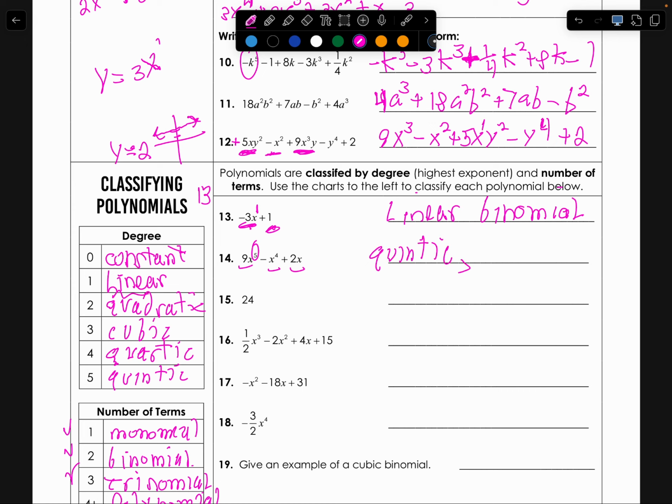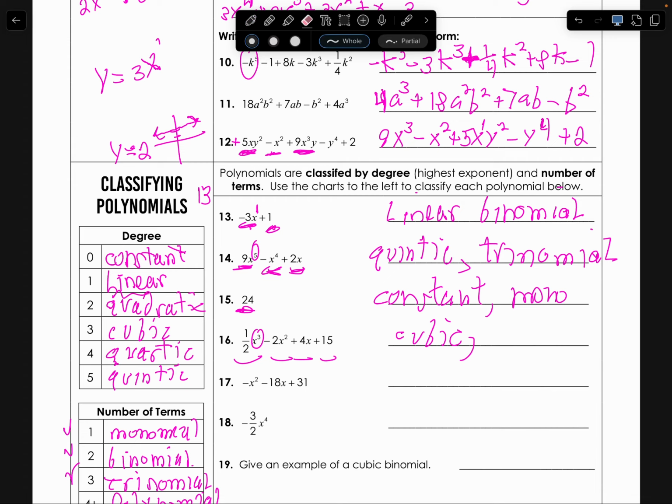And it has 1, 2, 3 pieces. It's a trinomial. This is a constant, and it's a monomial. This is a third degree. Is that the highest power? So it's a cubic. And it has 1, 2, 3, 4 pieces.